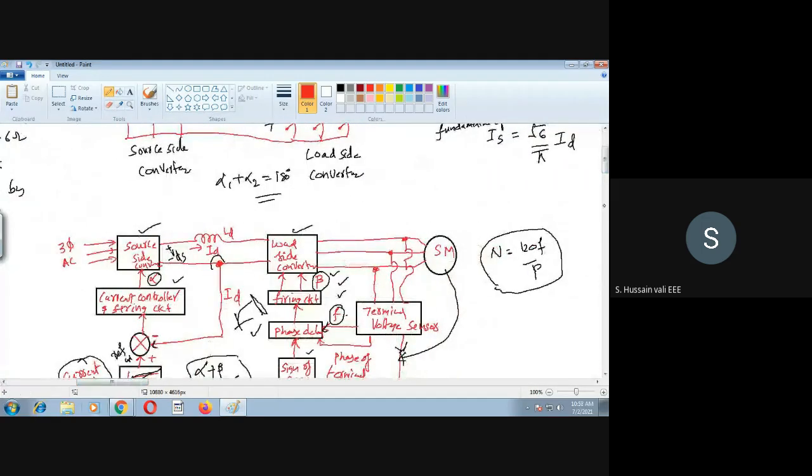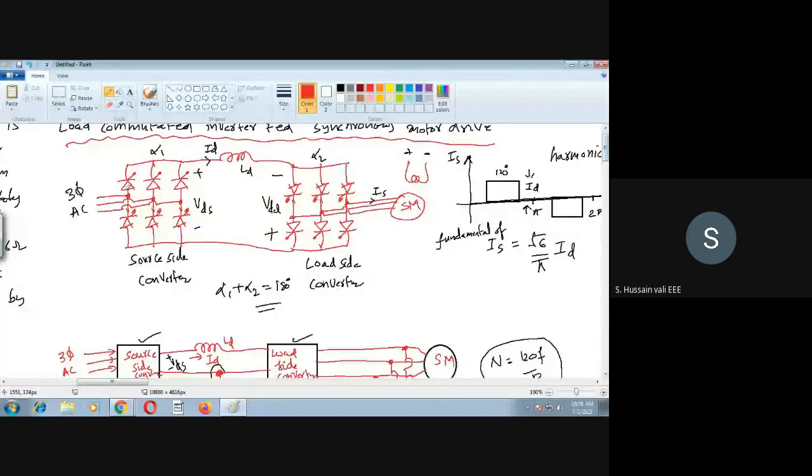See this now: you can call this the line commutated converter, whereas this you can call the load commutated inverter. So this is the line commutated converter, and this is the load commutated inverter.